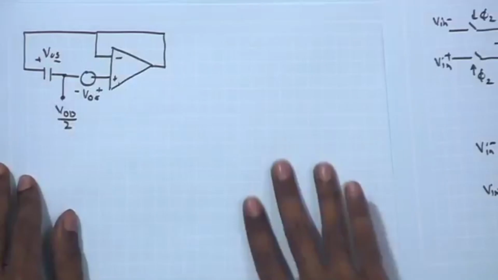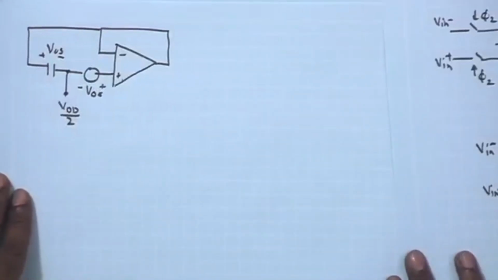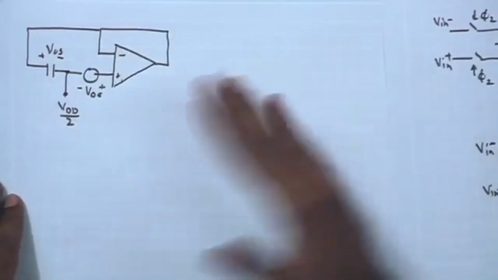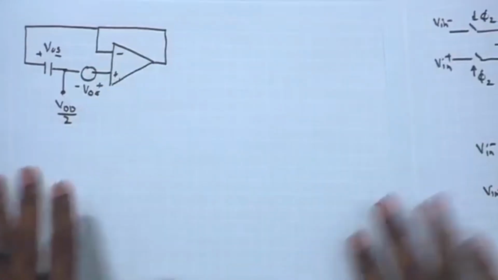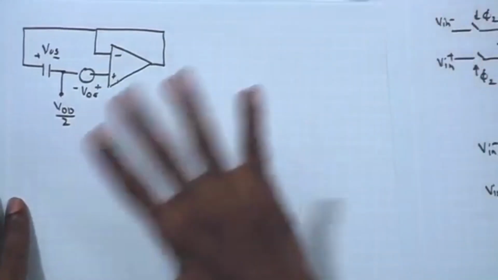So, if I look at the corresponding circuit implementation, what are we trying to do? Let us try to implement this using transistor level circuit and try to see where are we going to place these switches.